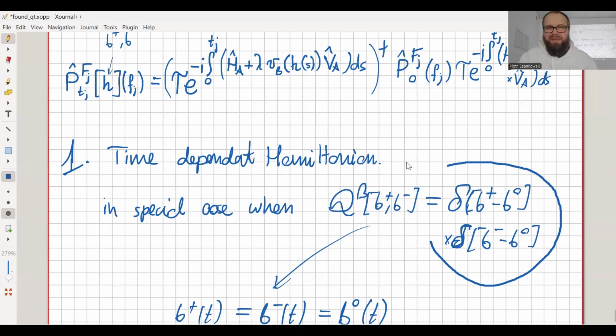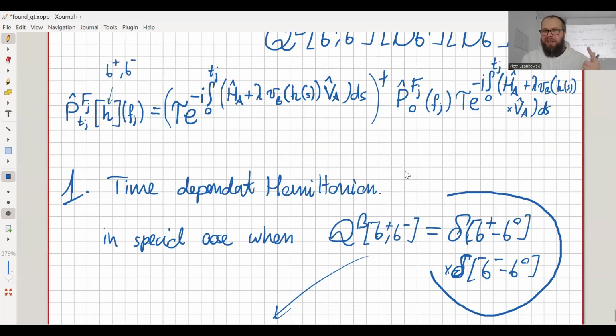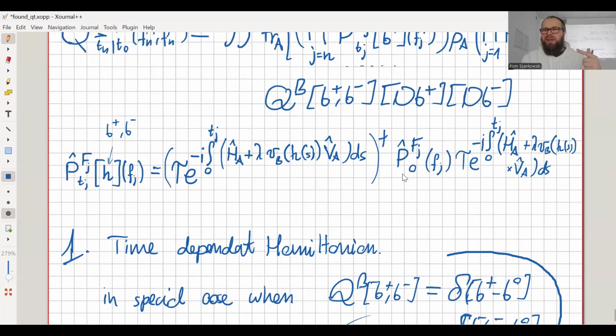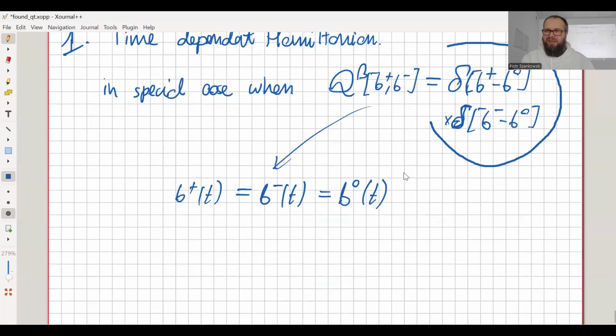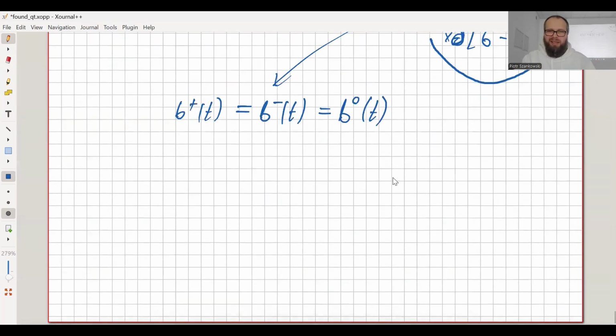Okay, so this is observation number one. This is how you can introduce time-dependent Hamiltonians into your formalism.